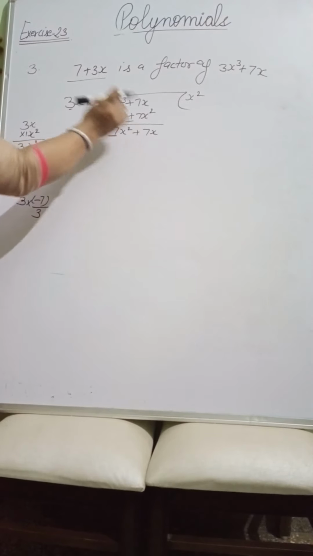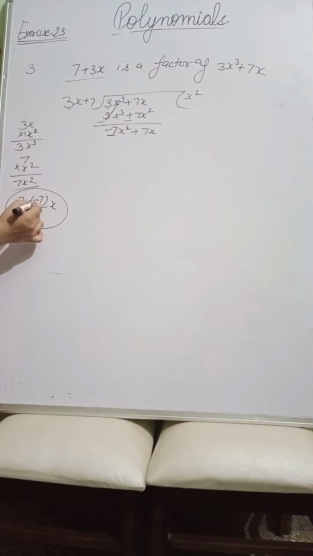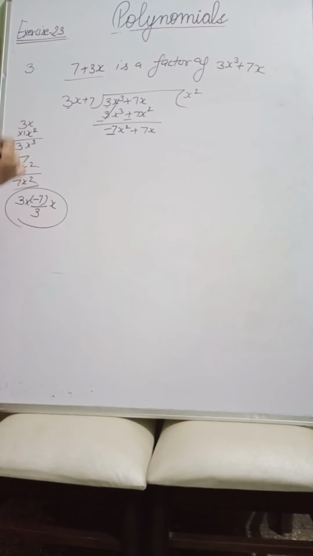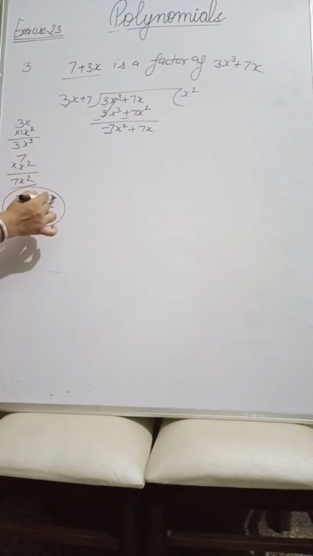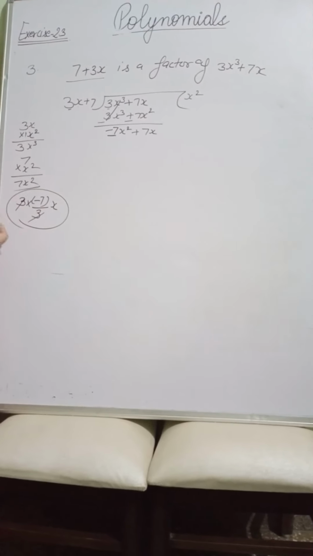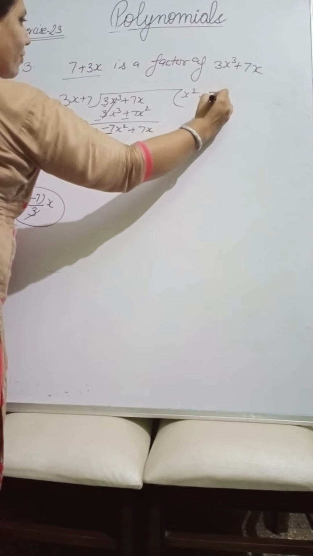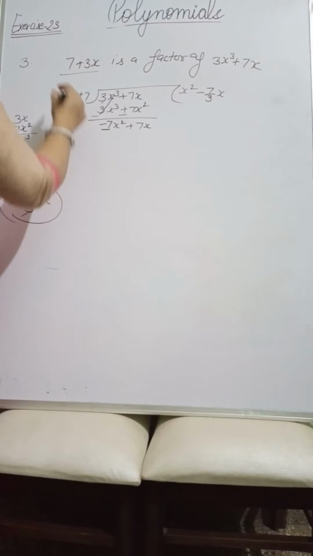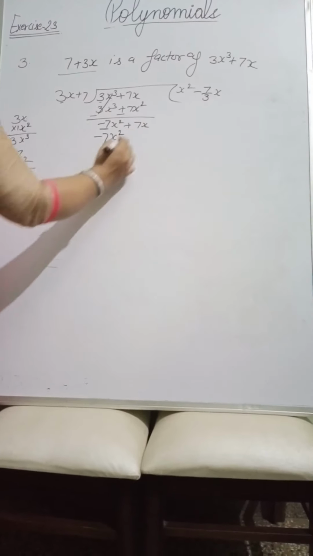And x raised to power 2 is here, so I will take minus 7 by 3x so that I can get minus 7x square after multiplication. So from here I am getting minus 7x square.